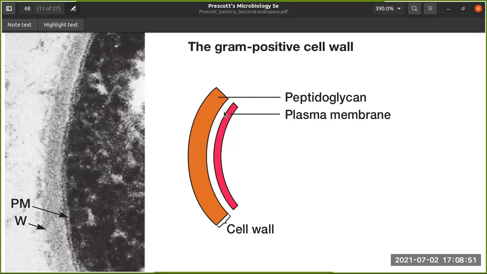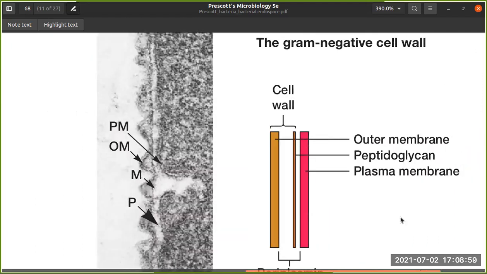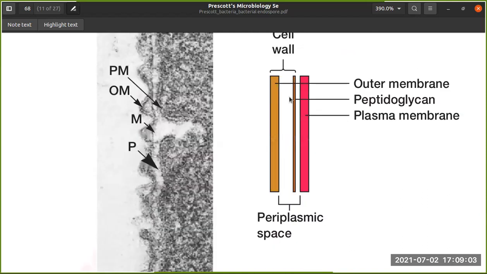The pink is the cell membrane. And in the gram negative, you see the peptidoglycan, the outer membrane, cell wall. This is the outer membrane. This is the peptidoglycan, and this is the plasma membrane. So the outer cell wall.